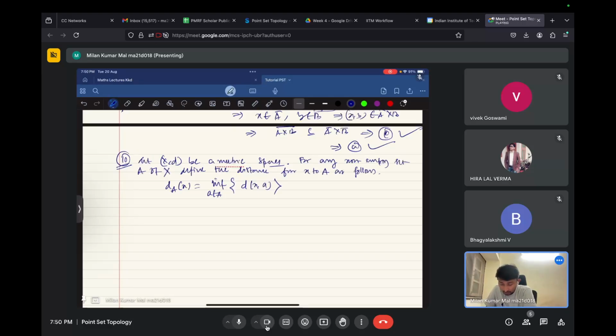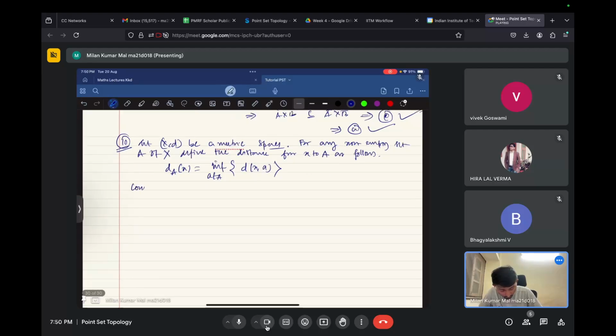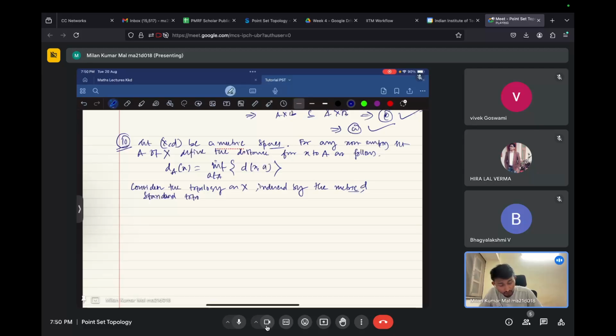Question is, consider the topology on X induced by the metric d and the standard topology on R, right?